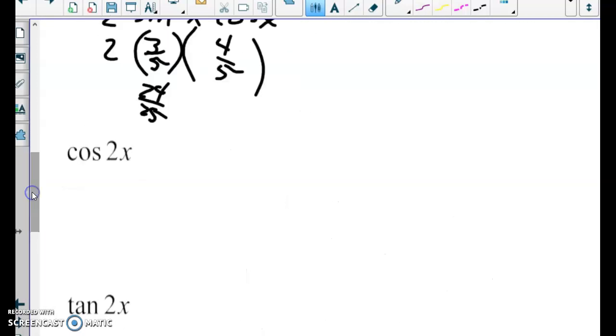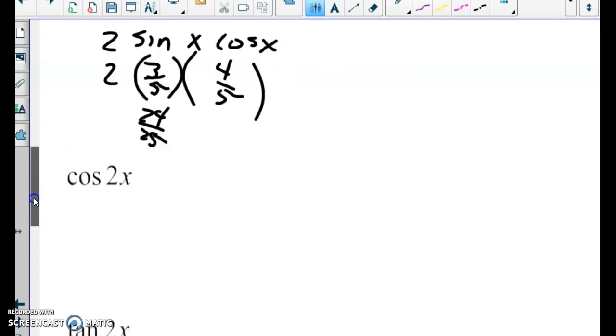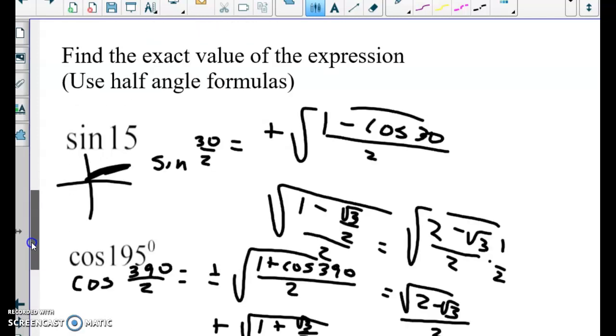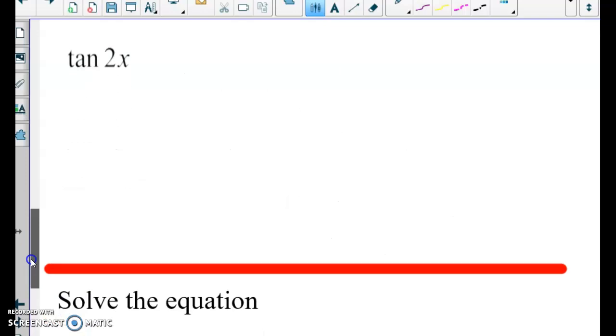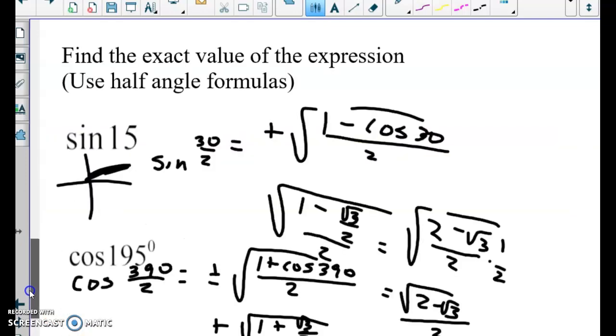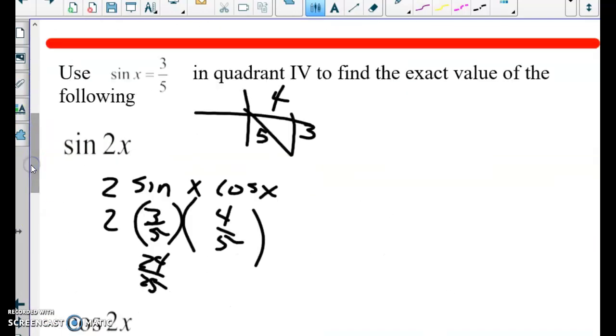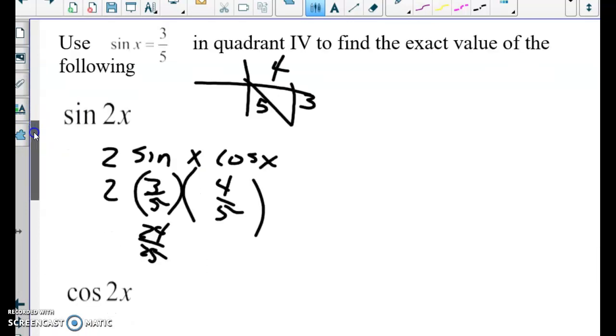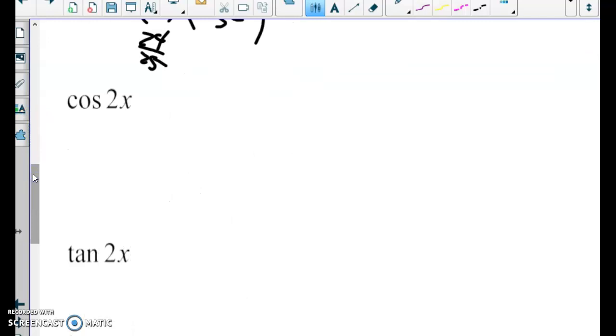If I do the same thing for the cosine of 2x, there's 3 different formulas. Since they've given us the value of sine to be 3/5, I'm going to use the sine because I know that that's true.